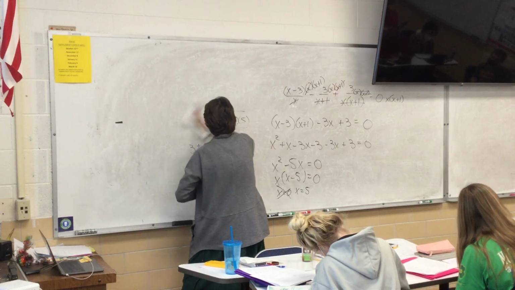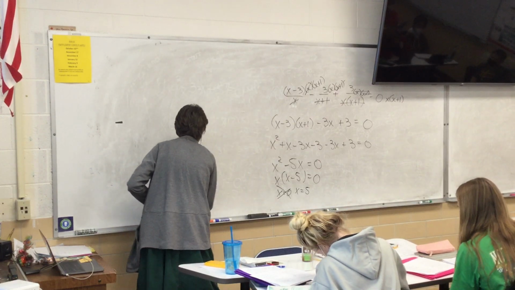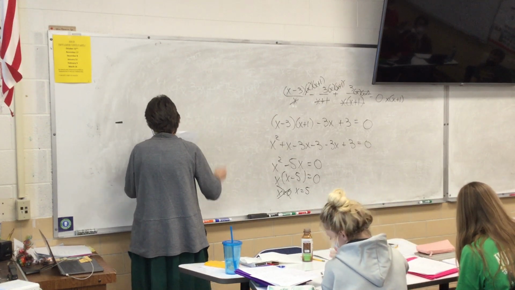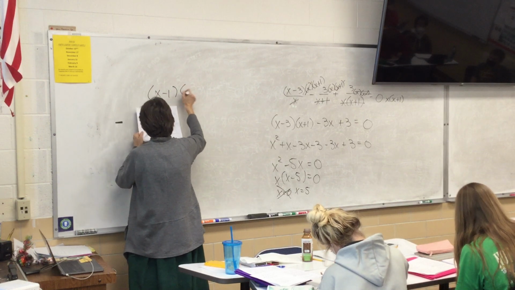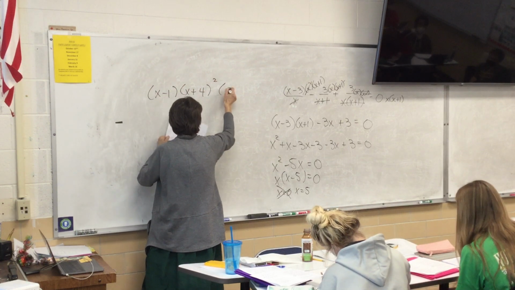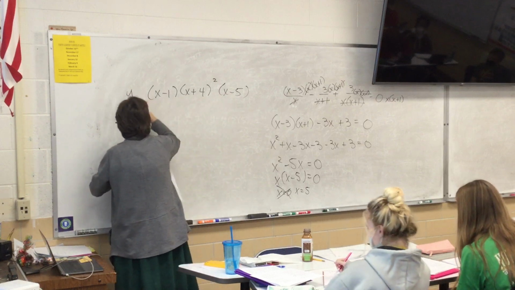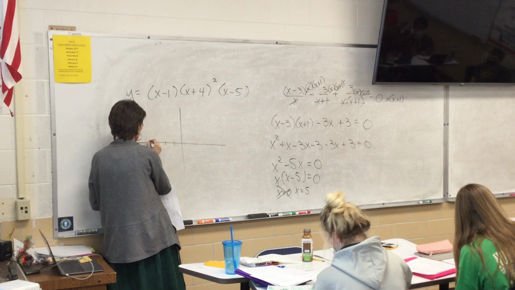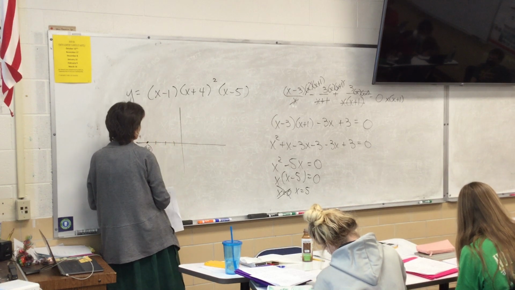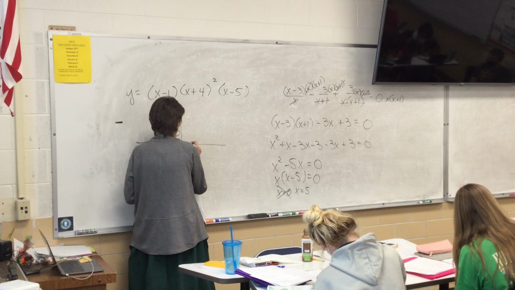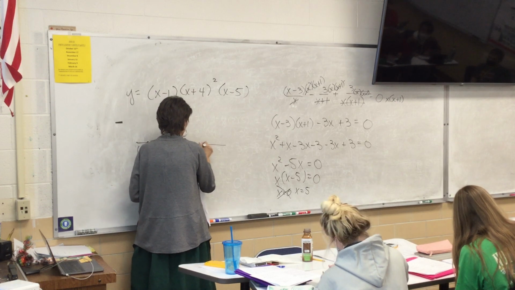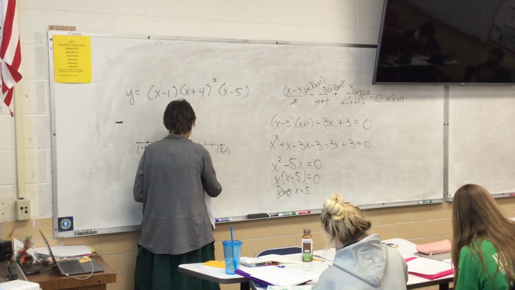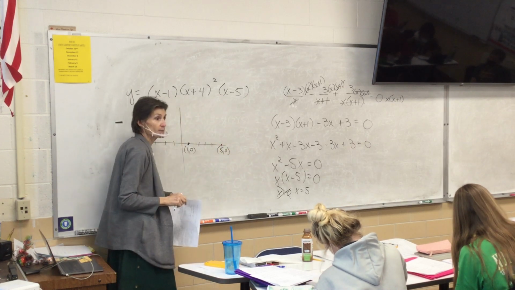All right, so let's just graph this thing. What's this look like when I graph it? It's kind of backwards of the one you did first. There's a dot at -4. Where else? Oh, it's just 5 and 1. What are these points called? Those are the x-intercepts.